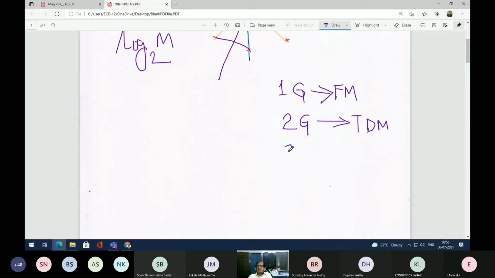And 3G, CDMA. This is TDMA. This is CDMA. But the digital modulation schemes that are used in TDMA in second generation are also used in third generation. Digital modulation schemes are all the same in 2G and 3G.